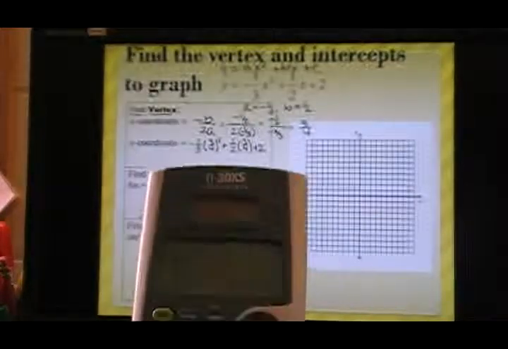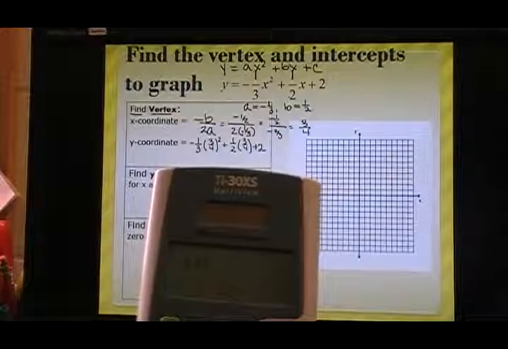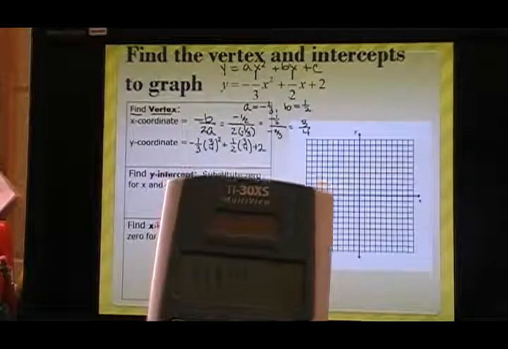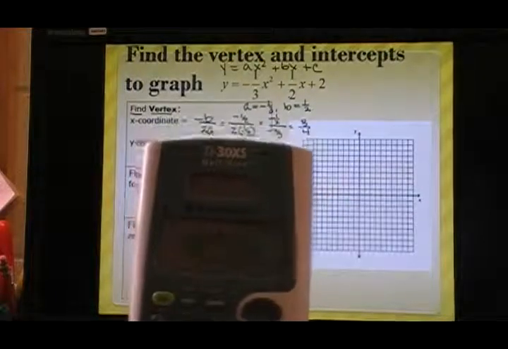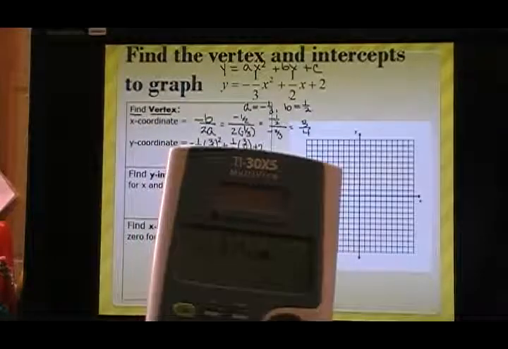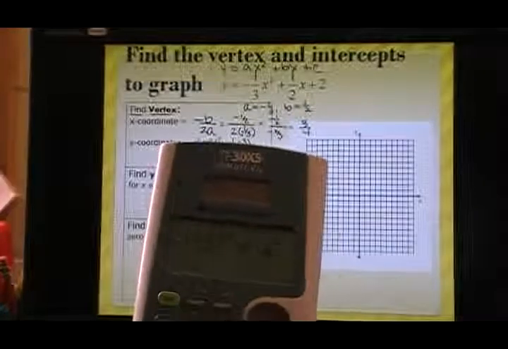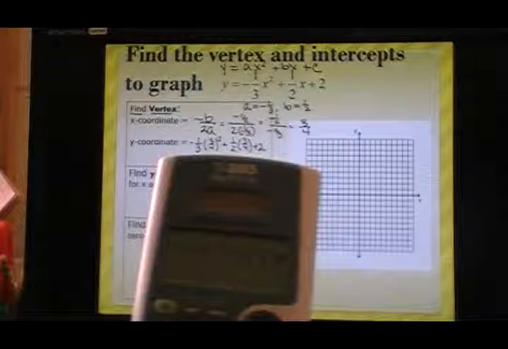So we have negative 1/3 times the quantity 3/4 squared, plus 1 over 2 times 3 over 4, plus 2.